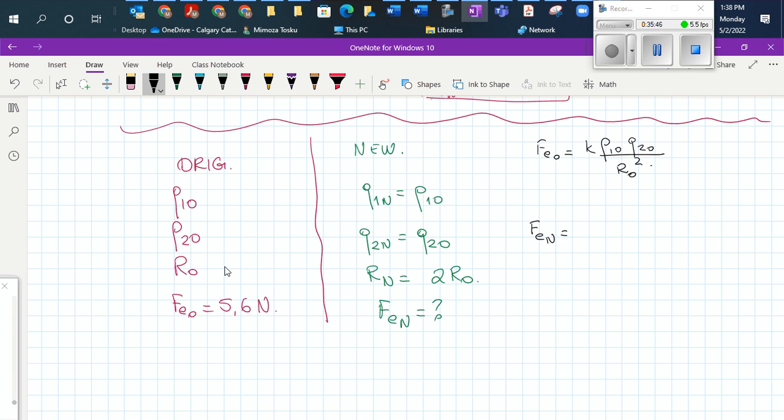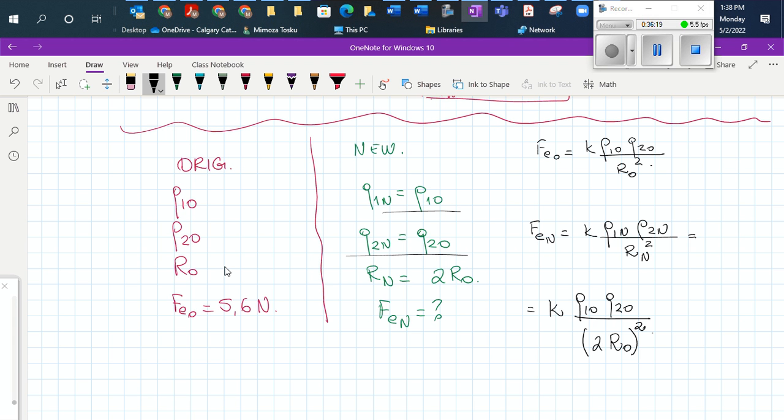As well, for the new situation, we'll have Q1 new, Q2 new over the distance new squared. Now, based on what we said, the Q1 new and Q2 new are the same. So the new force will be Q1 original, Q2 original over, now the distance is doubled, so 2 the original distance squared.